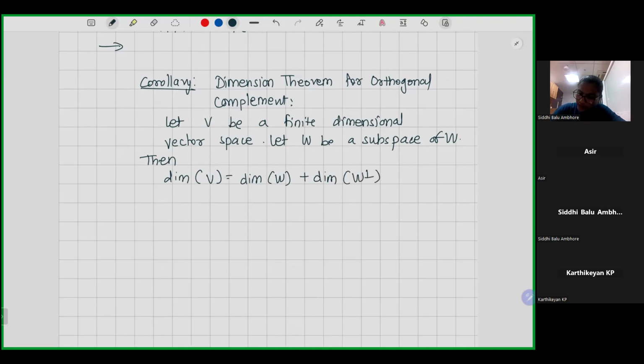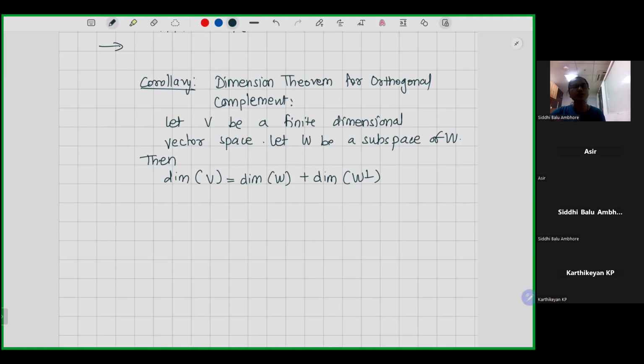And this is quite evident from the fact that when we have a basis for W, we can extend it to a basis of V. When we take the orthogonalization, W1 to WK forms a basis for W, and WK plus 1 to N forms a basis for W perp.